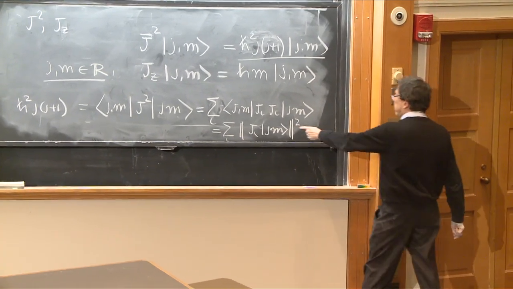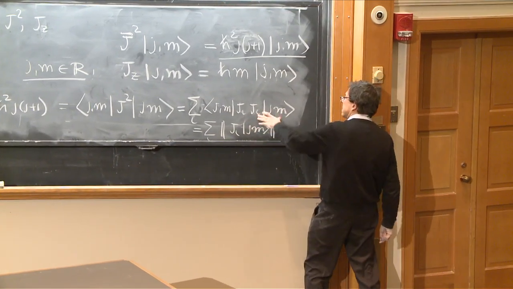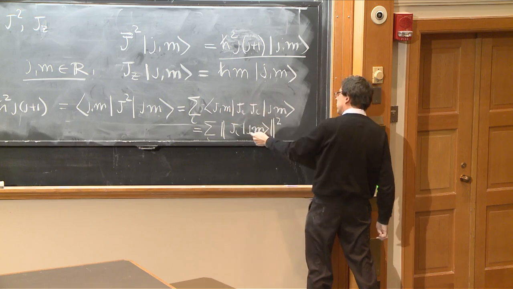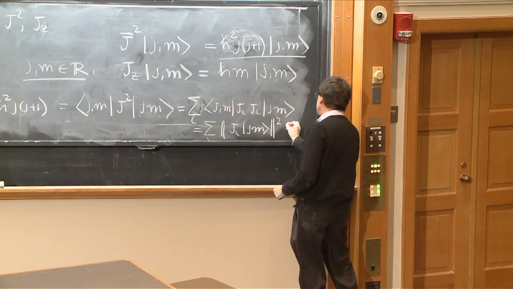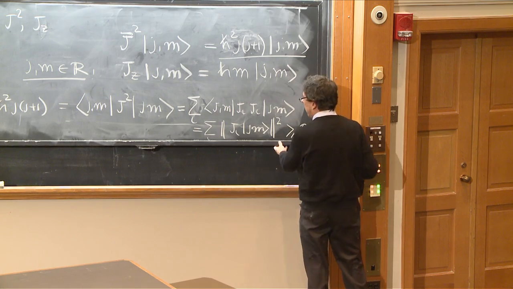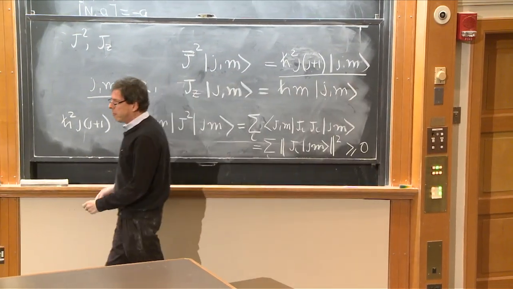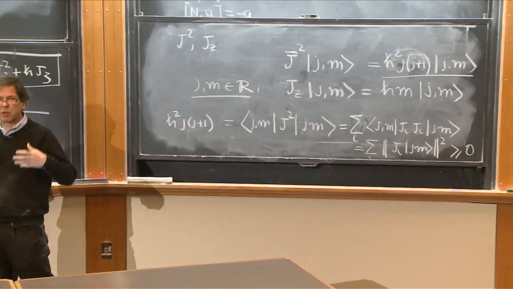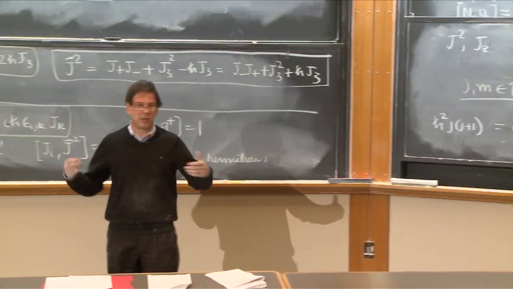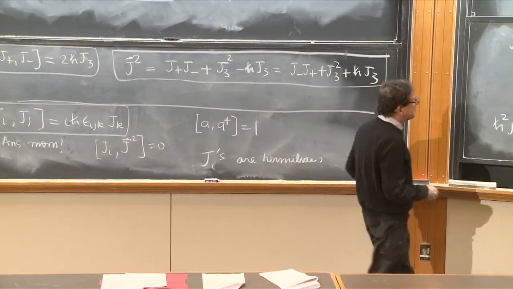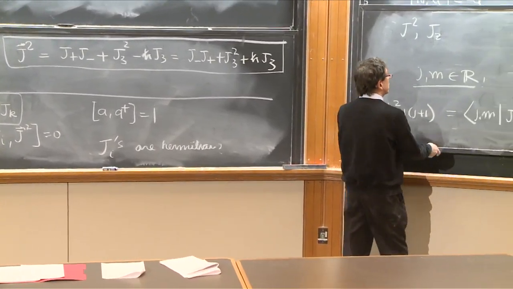The norm squared of this state, because this times the bra with Ji Hermitian is the norm squared. So this is greater or equal than 0. Perhaps no surprise. This is a vector operator, which is the sum of squares of Hermitian operators, and therefore it should be like that.